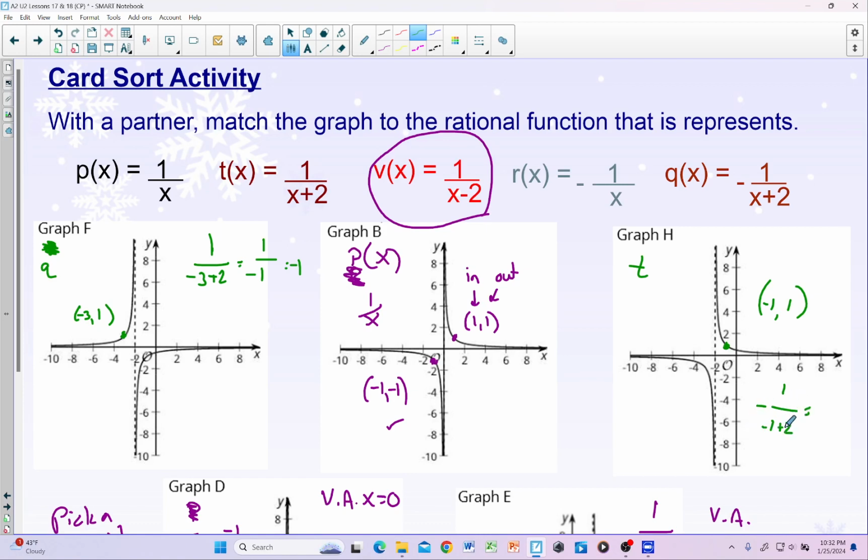Negative 1 plus 2 is 1, and 1 divided by 1... oh, not T. I got that backwards. They're written backwards. I meant that this is Q, and that one's T. I did get that backwards, didn't I? Whoopsie. Okay.